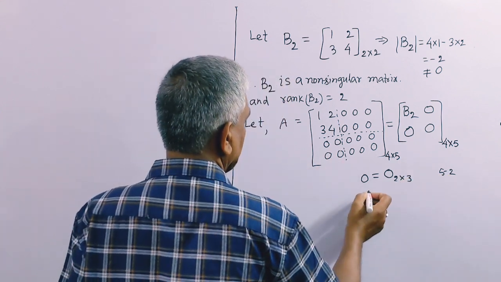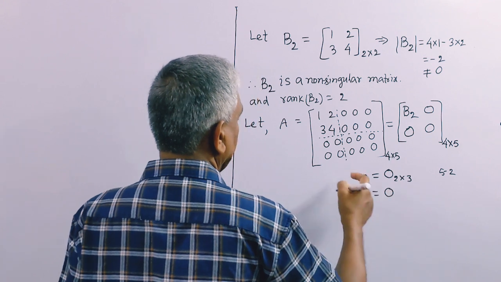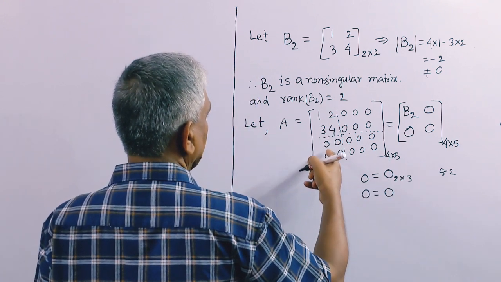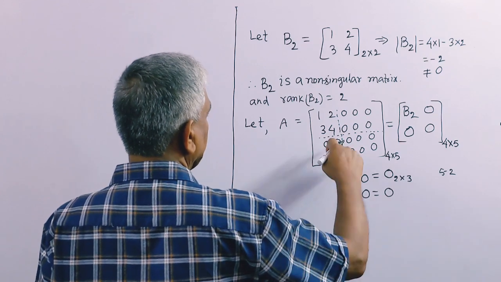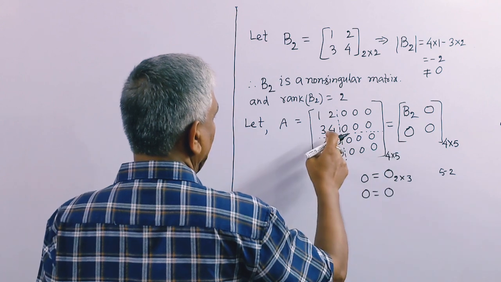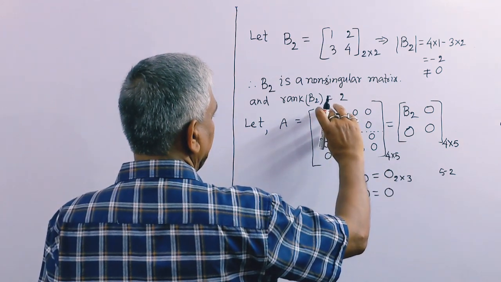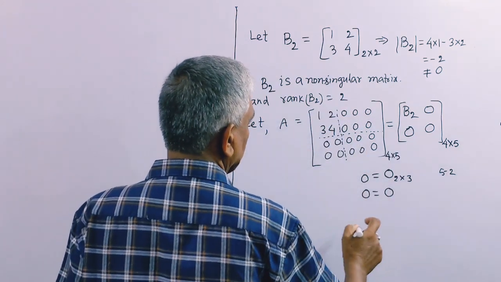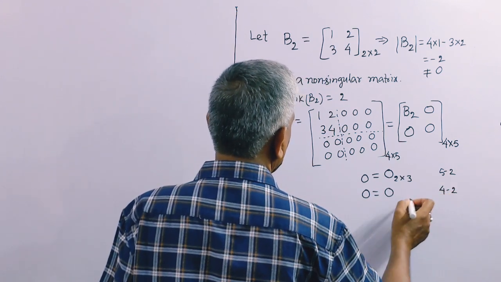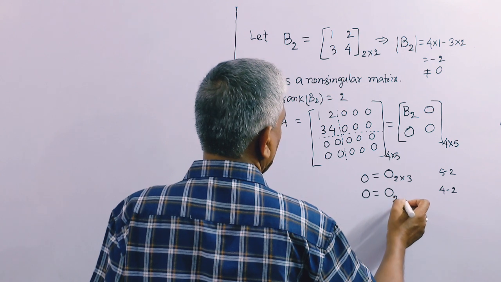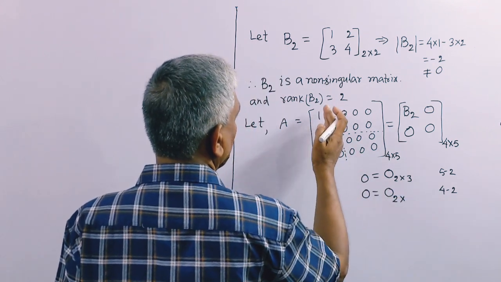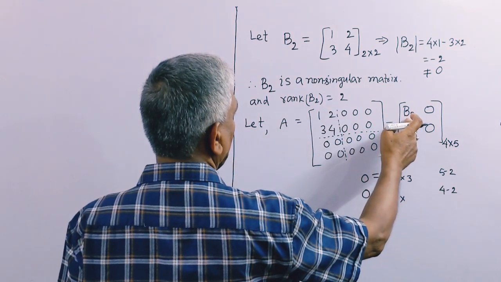This 0 matrix is of order: the number of rows is 2, because the total number of rows 4 minus the number of rows in B2, which is 2, gives 4 minus 2 equal to 2, and the number of columns is 2, the number of columns of B2.